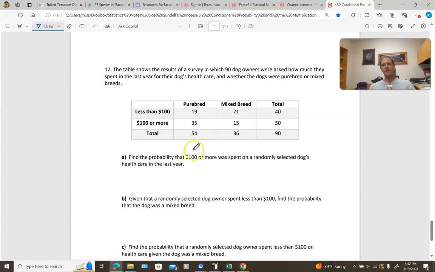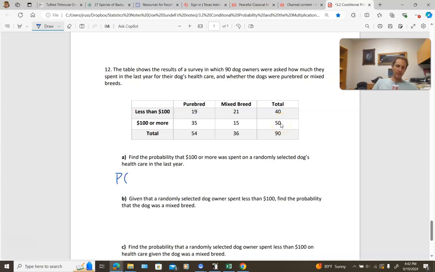So the probability that $100 or more was spent on a randomly selected dog's health care. Well, you're going to look in this column right here. Of the total 90 dog owners, 50 of them spent $100 or more. So it's going to be 50 out of 90.